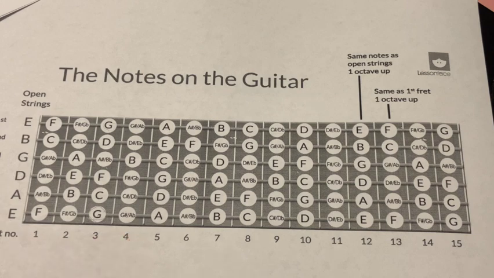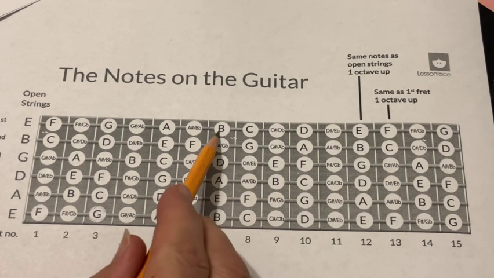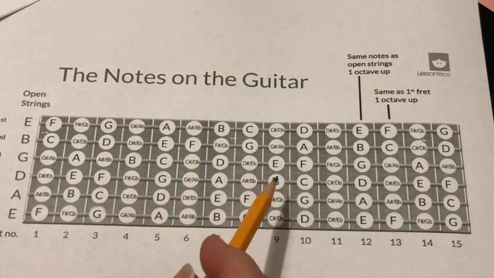So it's handy when you can say, if that is D, that's G, and that's B, then technically that's a G major chord. Okay?